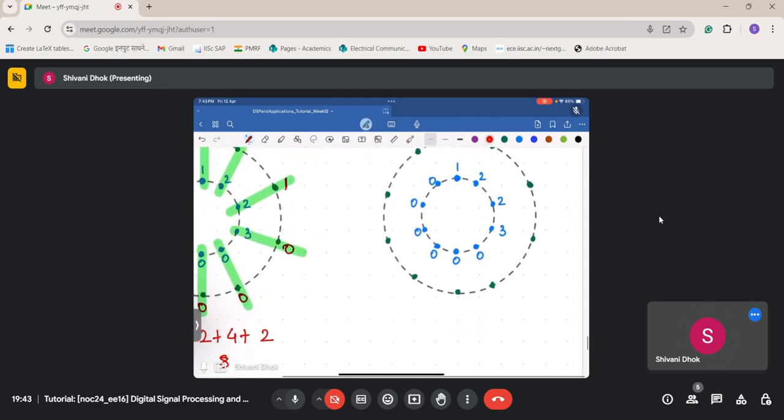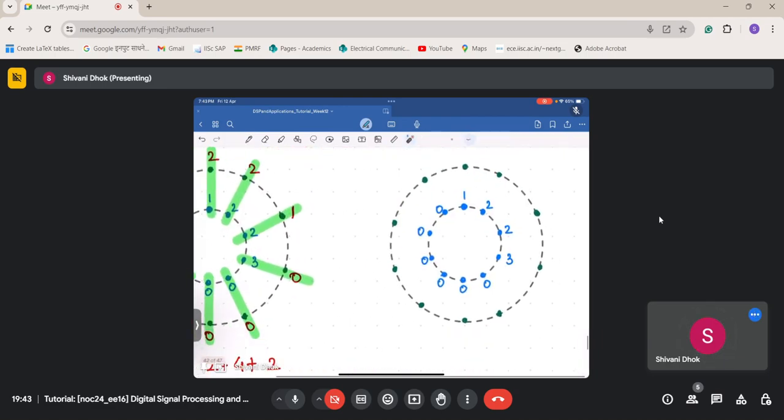Okay, now we are here. Again I'll shift it by 1 unit, so now I'll come here like this, and rest all will be equal to 0.